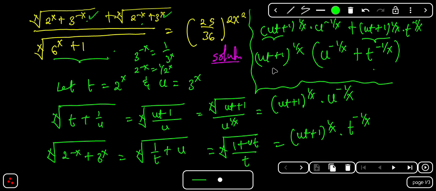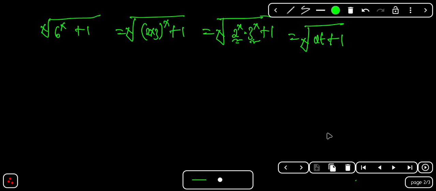From this part, we have (ut plus 1) raised to the power of 1 over x, in brackets, u raised to the power of minus 1 over x plus t raised to the power of minus 1 over x. That's the numerator. So now let's put that over the denominator so that we can simplify completely.